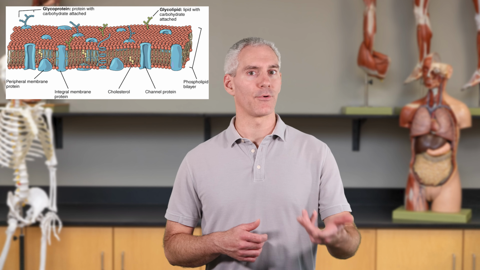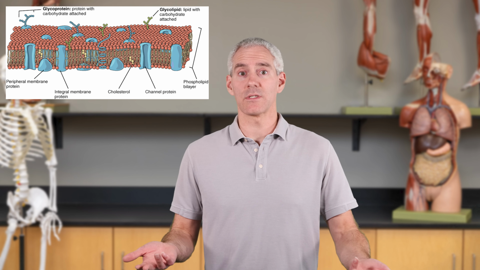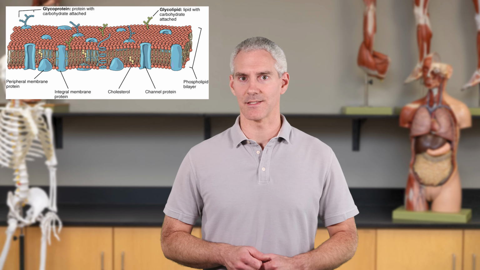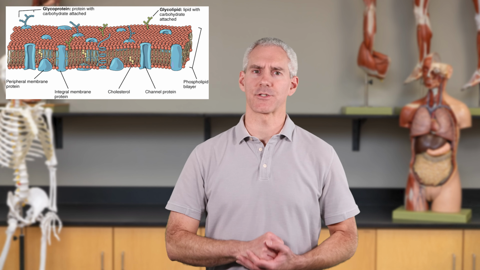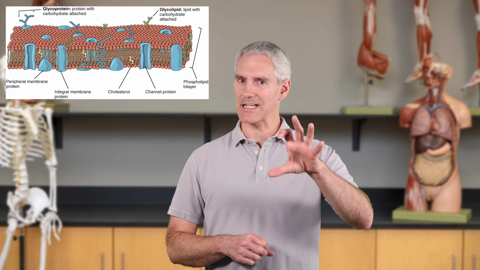Now, we know fatty acids are part of triglycerides. Triglycerides can help with the membrane permeability. Phospholipids can help with membrane permeability. Both those are lipids that contain fatty acids. So if one all of a sudden has an extra electron, then it's not quite stable.